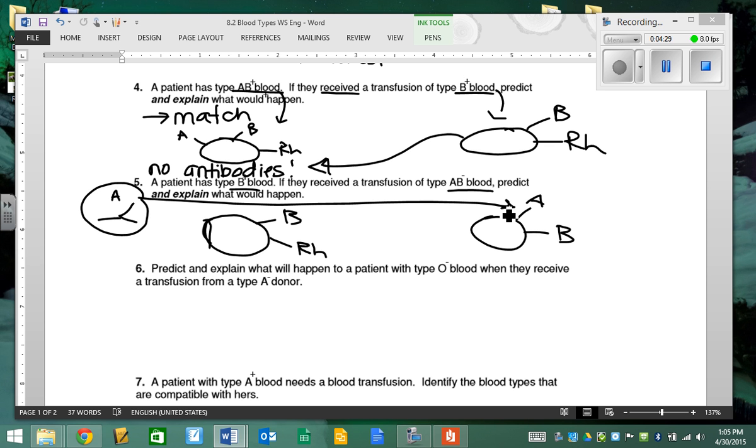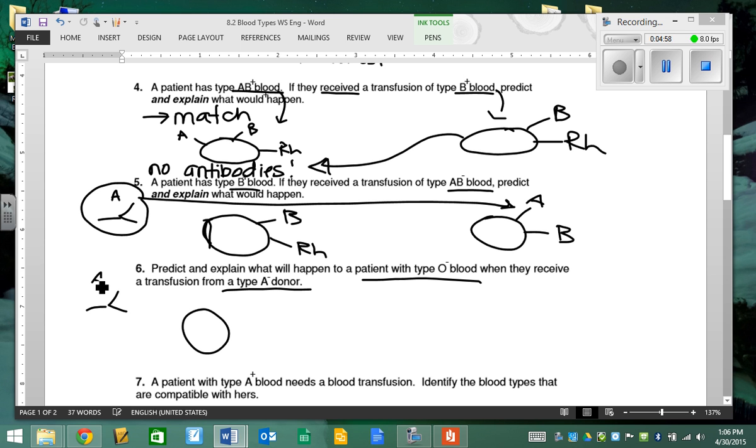6 is asking about someone with O negative blood receiving A negative blood. Is this a match? I saw someone shake their head. I'm going to take that as a response for no. Here's my type O patient. That's their red blood cell. There's no A antigen, there's no B antigen, and since they're type negative, there's no Rh antigen either.